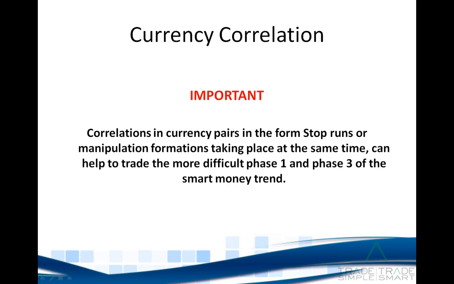Now, because this is the most difficult phase of the smart money cycle, correlation and the identification of stop hunts is a great tool to assist you when the market is within these ranges.